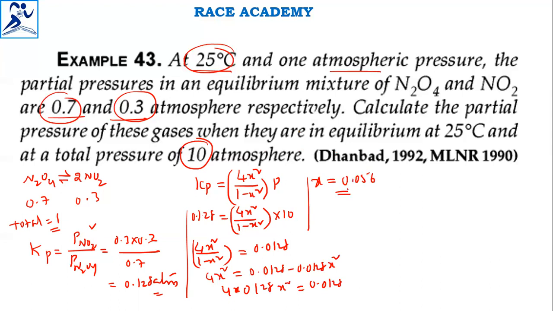What's the meaning of this one is degree of dissociation. But partial pressure of N2O4 from the equilibrium conditions is 1 minus x by 1 plus x. So x value we have, that is 1 minus x.